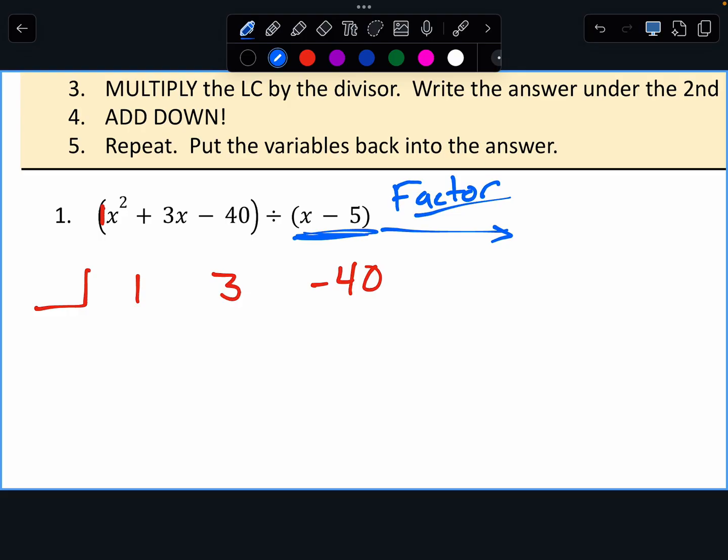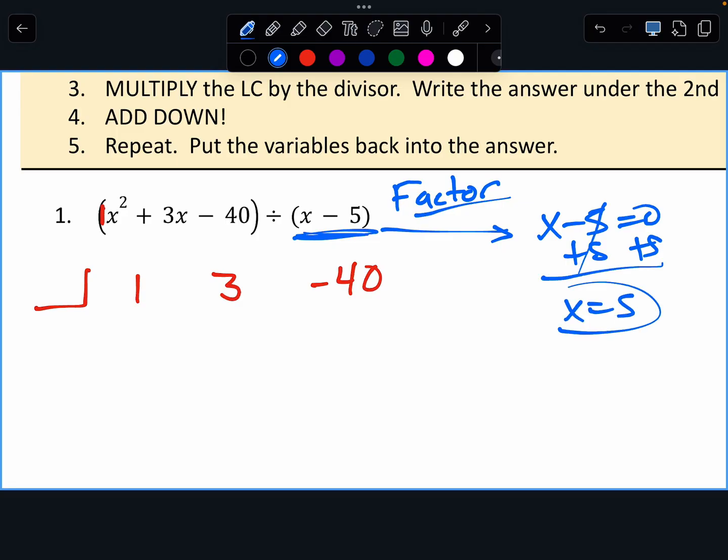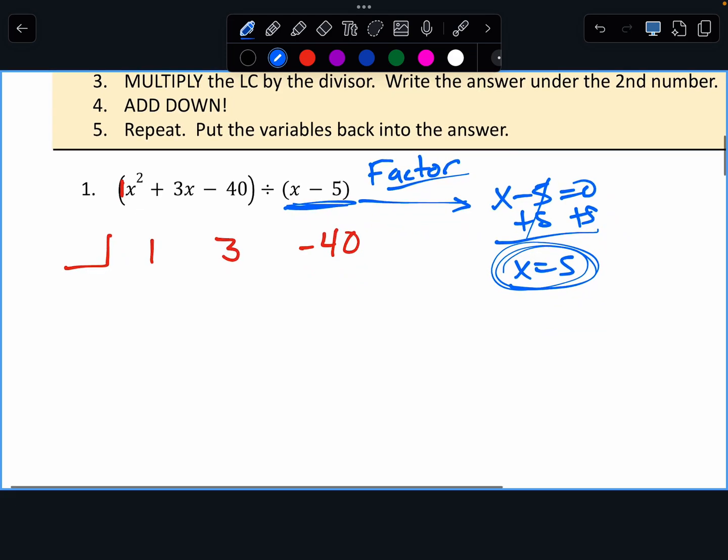We want to find the zero, so if you set it equal to 0, x equals 5 is the zero. The zero that you find goes in the box. So right here, this is 5, not negative 5, but the zero, which is 5.